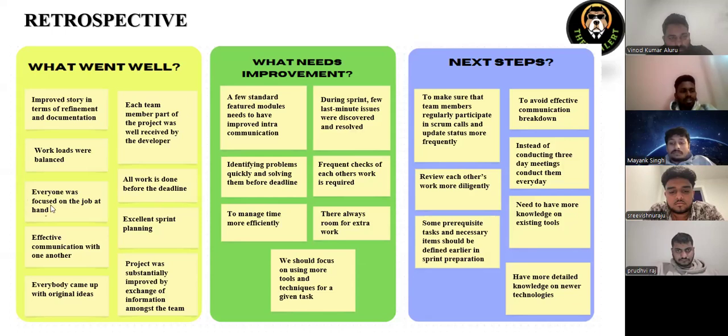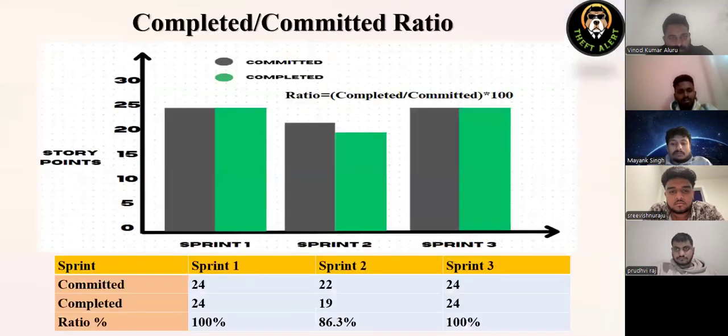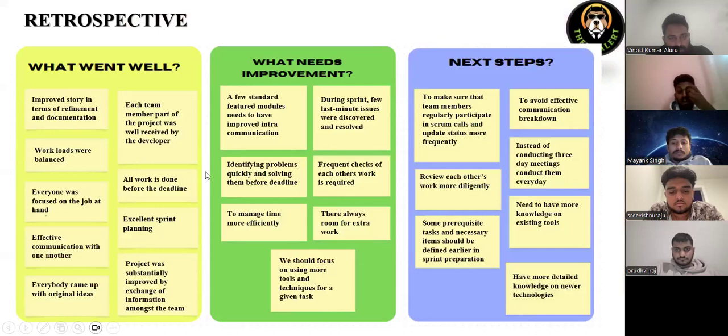Everyone was focused on the job at hand. Excellent sprint planning. It has been the best sprint planning compared to the previous one because we have learned everything from the previous sprint and we have improved this sprint very well.